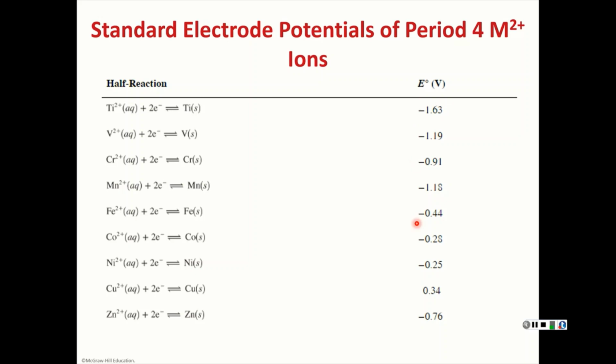And as you go across that row, you get less and less negative values for this. Not important to know that right now. We're going to be talking about electrochemistry later in the course, so we'll give a better description of what these actually mean then. So just introducing it now. Don't need to know this, though, for this first part of the class.